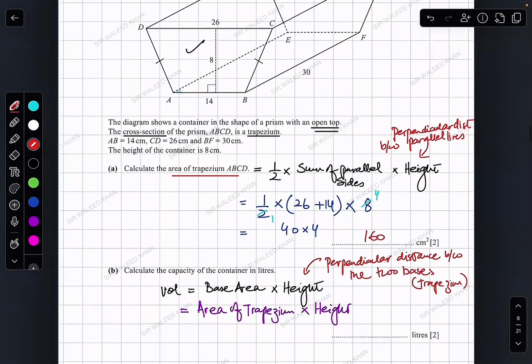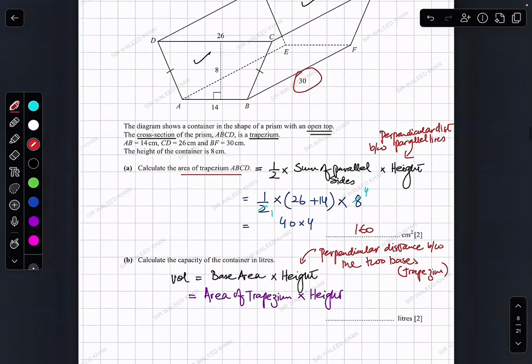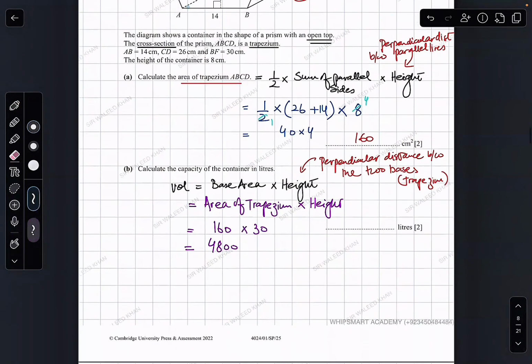The perpendicular distance between these two trapezium will be 30. So the height will be 30 over here. So we have the area of trapezium 160 times 30. What do we have? We have 4800. Just multiply 16 and 3 and you can add the zeros. 4800. Okay, wait, that's not your final answer.